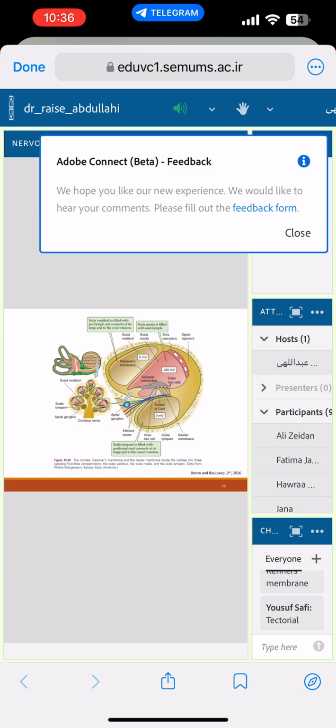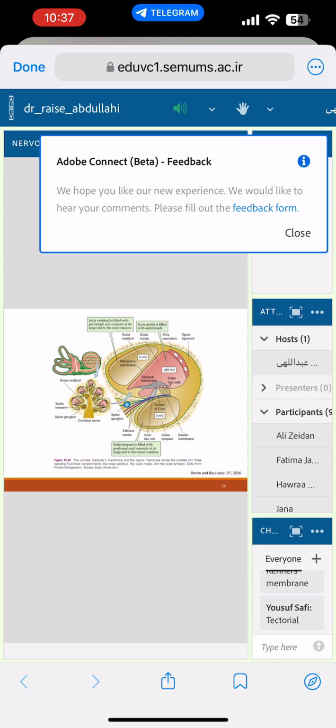Scala vestibuli, scala media, scala tympani, Reissner membrane, basilar membrane, organ of Corti, hair cells. As you can see, we have two main types of hair cells: inner hair cells and outer hair cells.